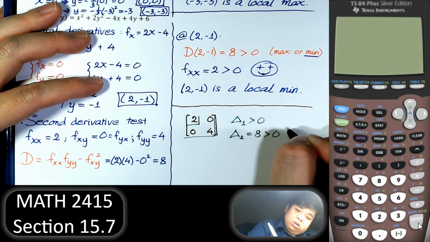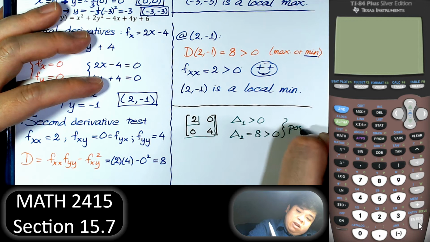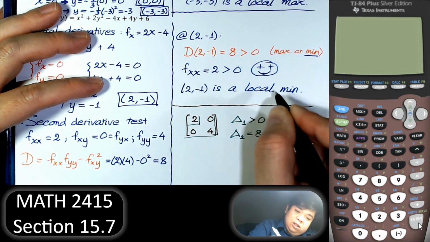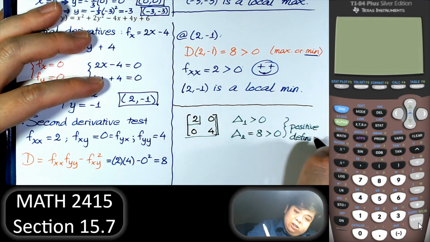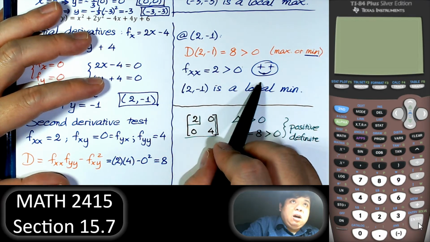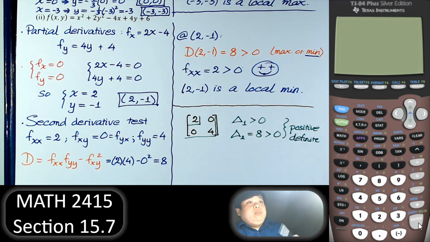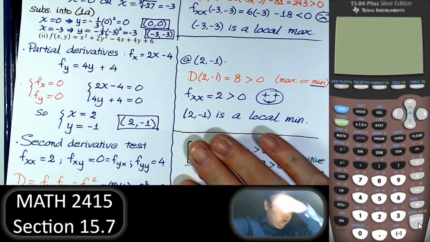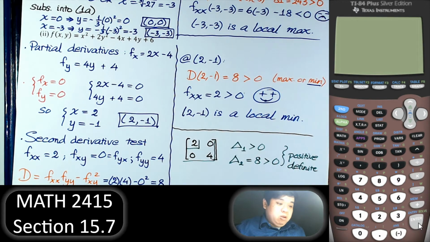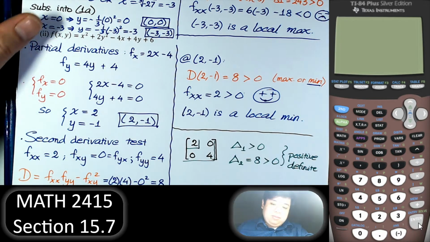So both of them are positive, so this one is positive definite, which is local min. So it's opened up and that's a local min. Right, so if we put it in matrix form, we do that and then we show that it is positive definite, but we don't need to do that. Just use the discriminant like the book does it.